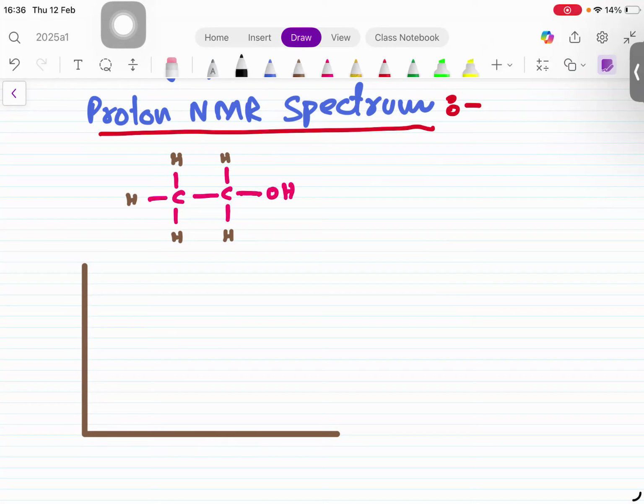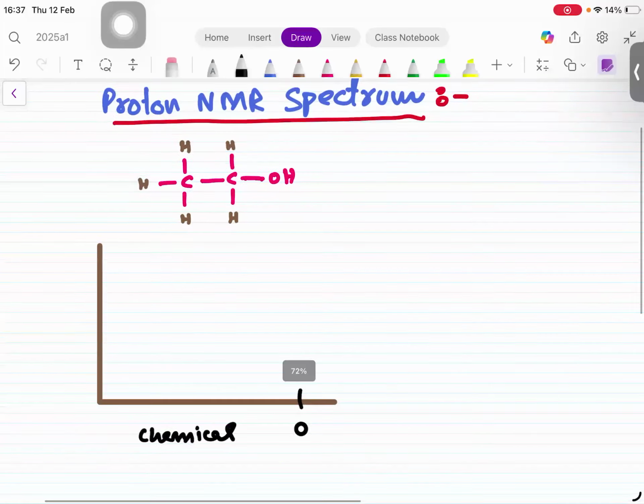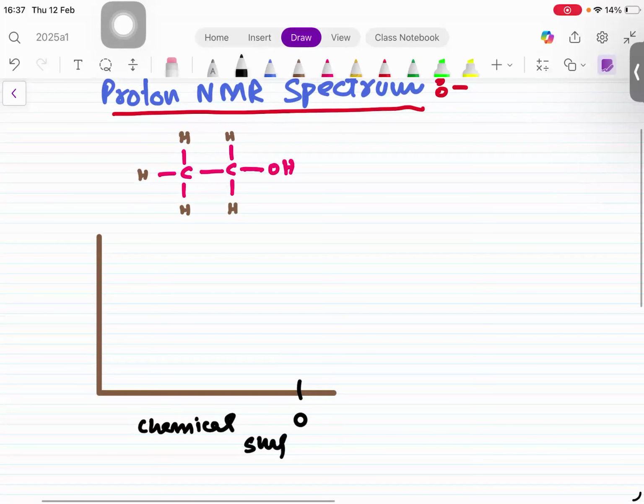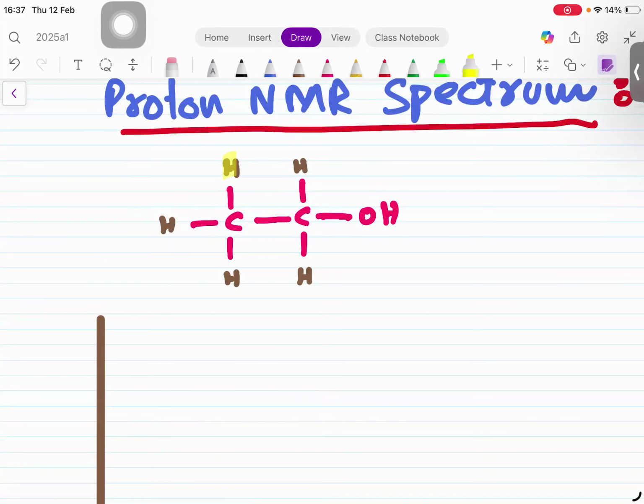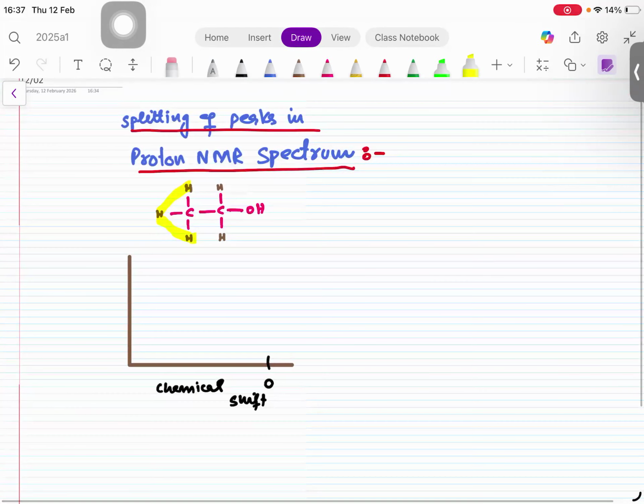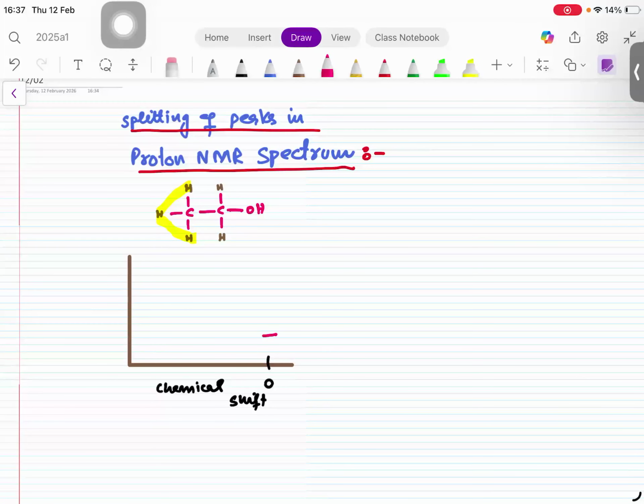If this is a 0 value, here is the chemical shift, parts per million. What will be the chemical shift value for these 3 peaks? What about these 3 protons, CH3? Okay, 0.9 to 1.7, good, Aries. So somewhere, let's say here, and 3 written on the top.